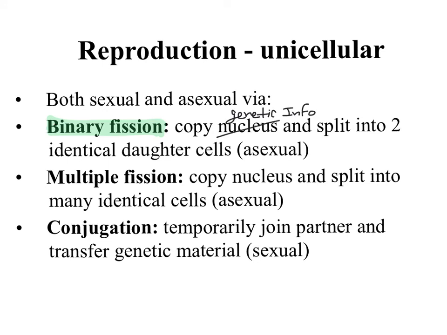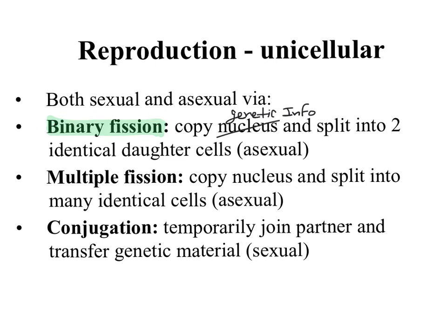In mitosis, we copy the genetic info, and that's the same thing for binary fission. But mitosis involves a nucleus, usually, and binary fission usually doesn't. But again, there are always exceptions in the magical world that we live in.